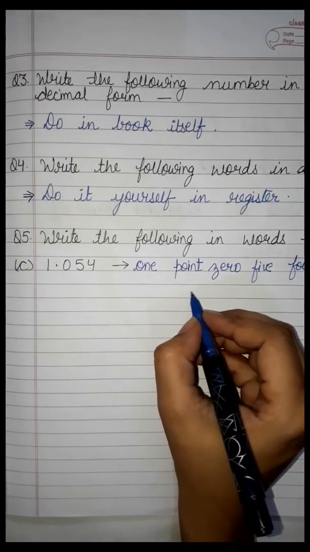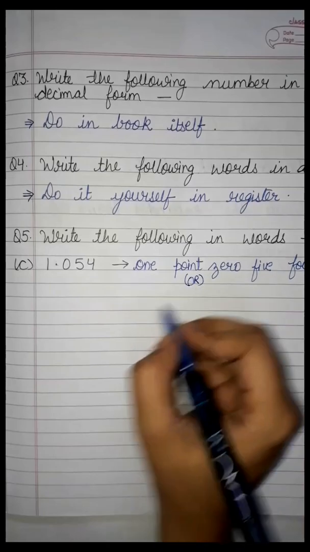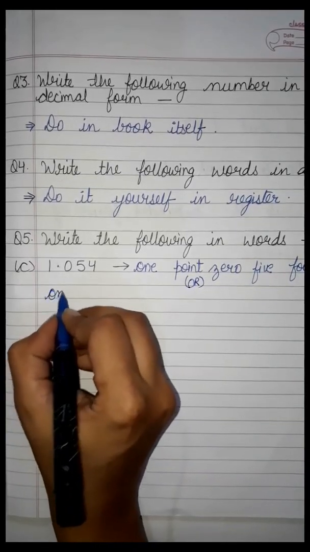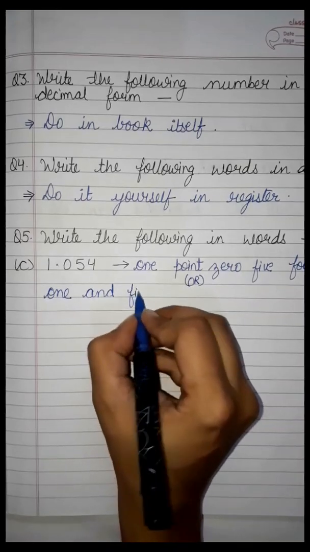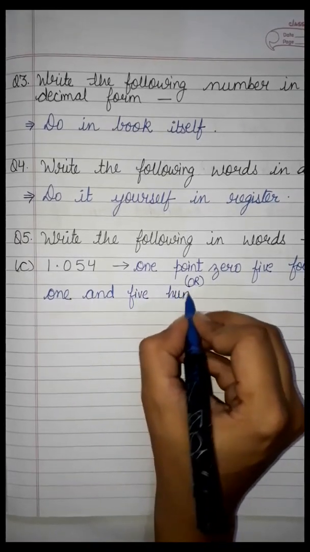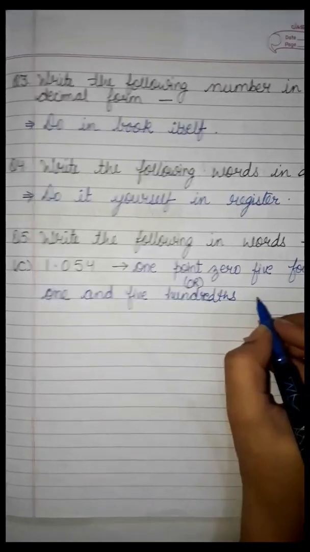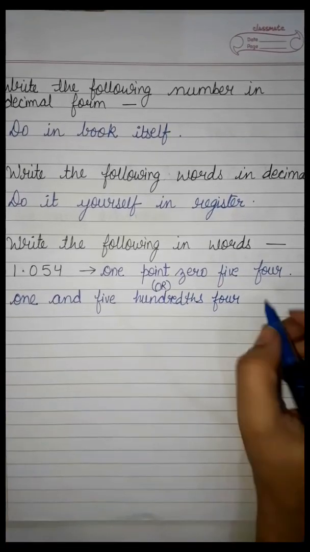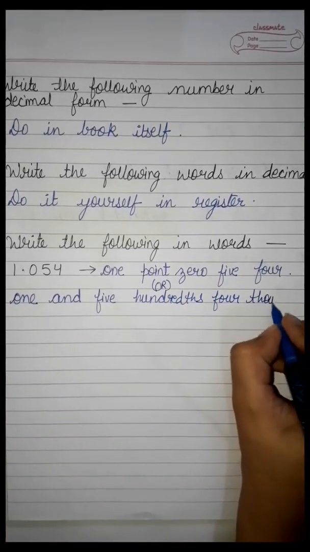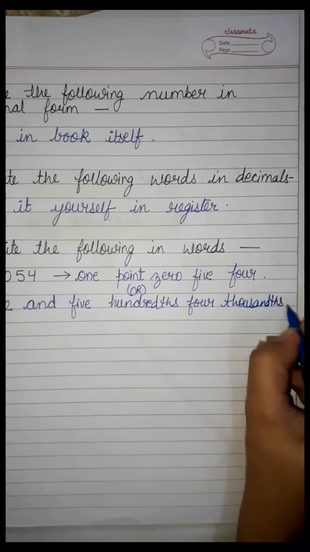You can do by any one way. 1 and 5 hundredths and 4 thousandths.